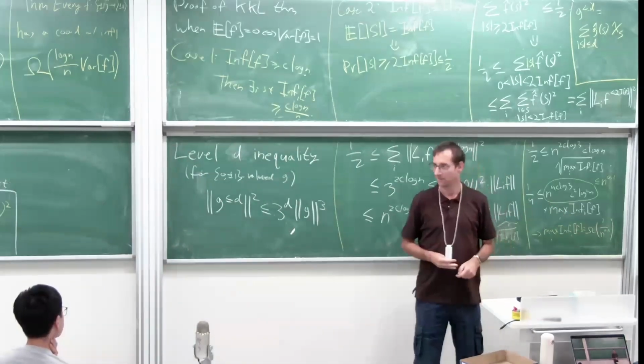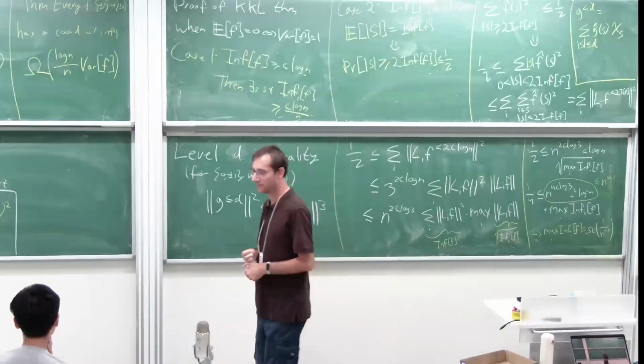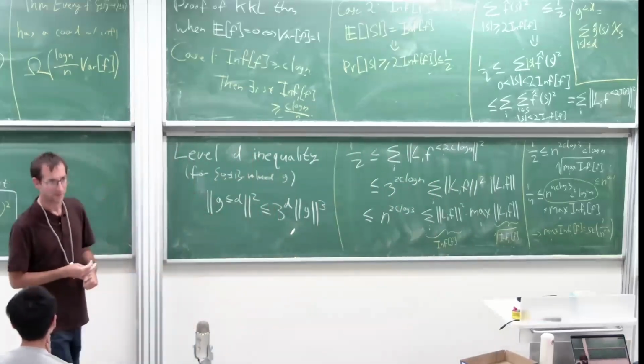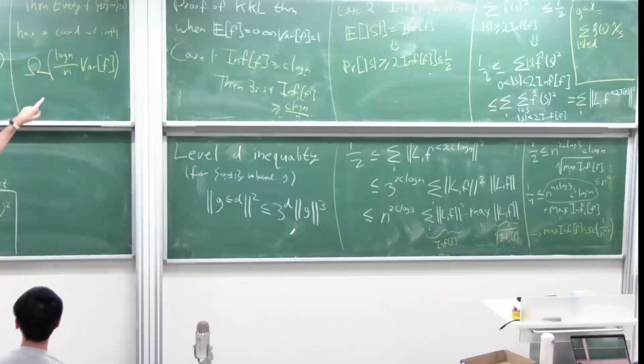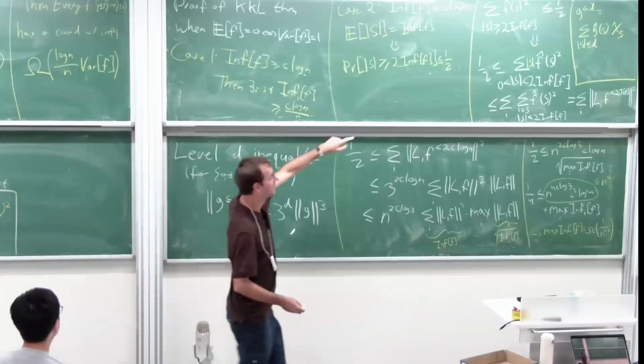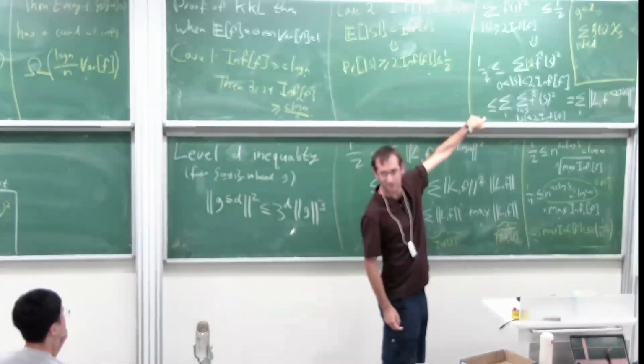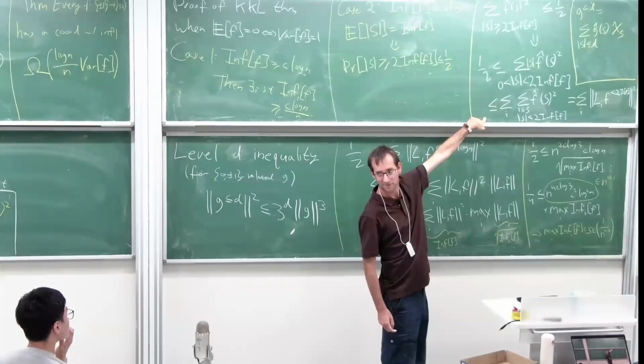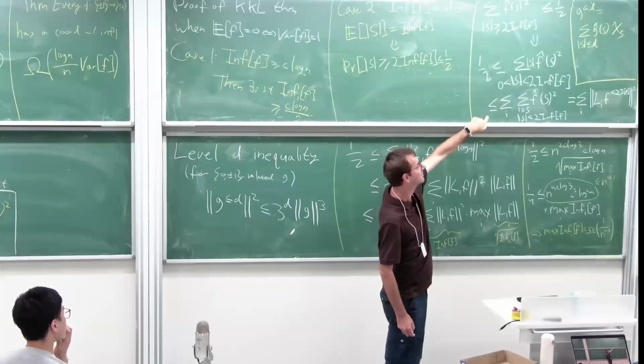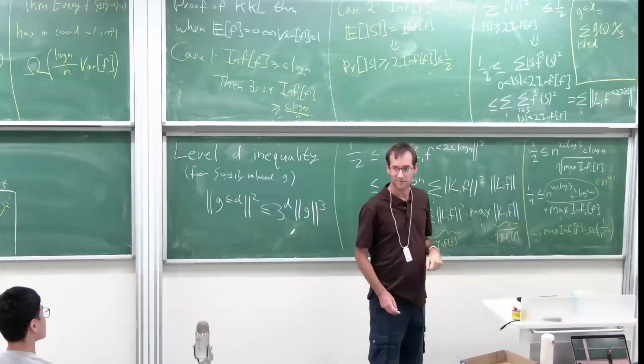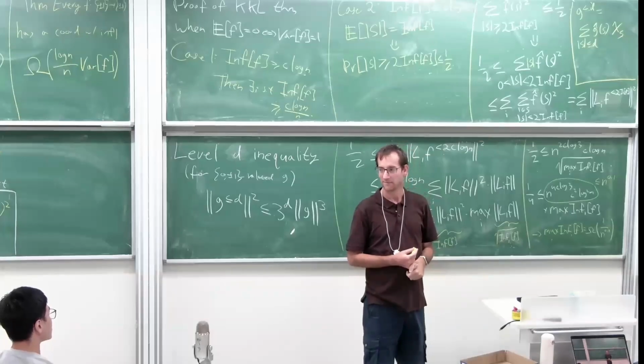I'm a bit confused by what you say about bias. What is bias? The function f, we assume that it's unbiased, which means that the Fourier coefficient at the empty set is 0. And we used it here to give an upper bound on this.